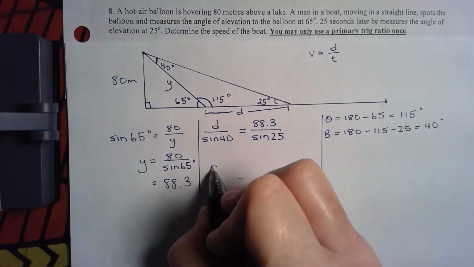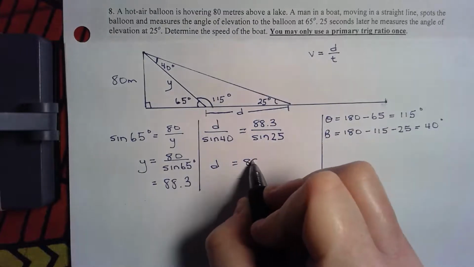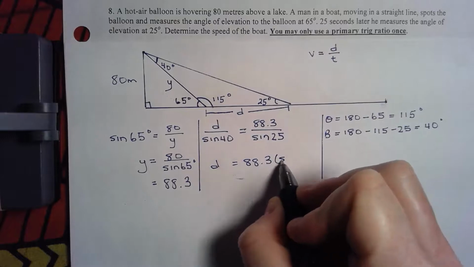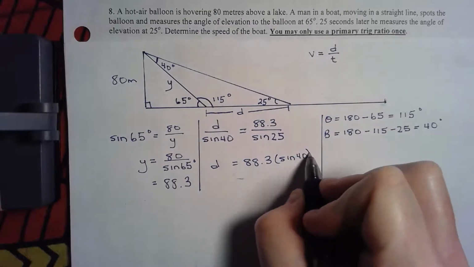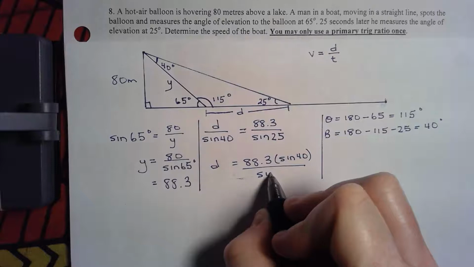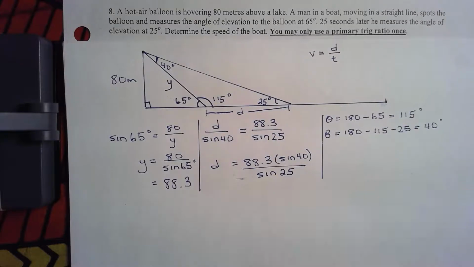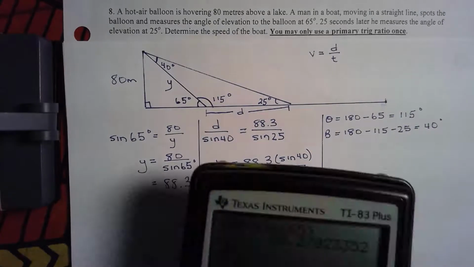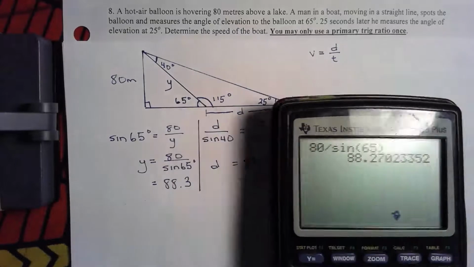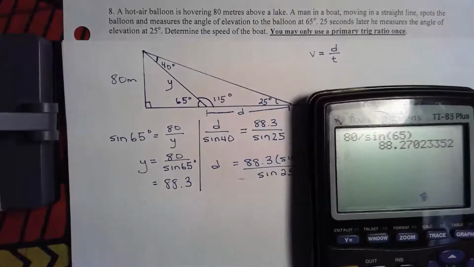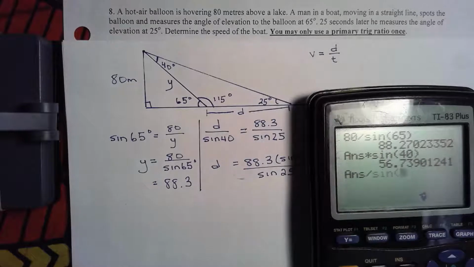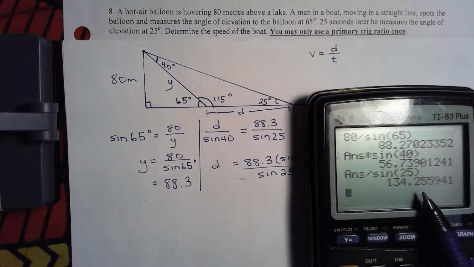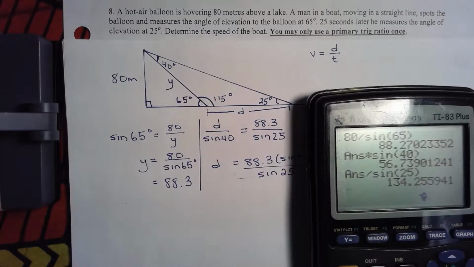Then I know that d is going to equal 88.3 times the sine of 40 divided by the sine of 25. I'm going to get my calculator. It still has my answer from before, 88.2702. I'm going to multiply that by the sine of 40 and divide that by the sine of 25, and when I do so, I get 134.2 or 134.3.